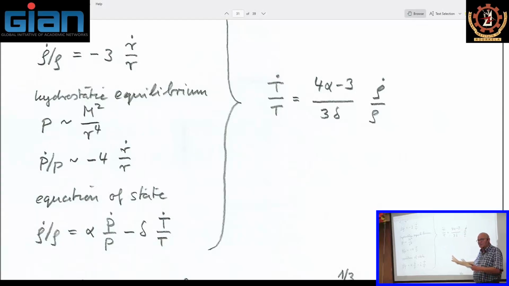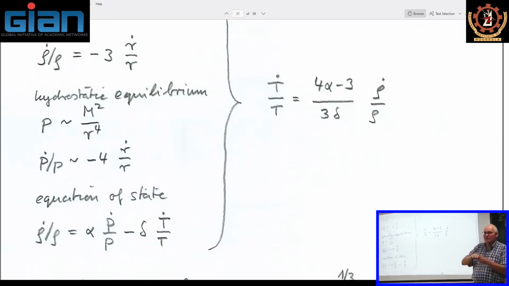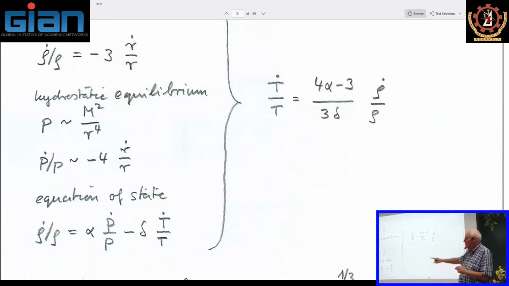Usually we have an increase of temperature with density, but this may change the sign once alpha is 3/4, and we have seen alpha changes from 1 to 3/5, so it passes the position 3/4, so it becomes smaller, and this leads to the fact that T dot over T becomes negative, so that the temperature decreases with increasing density. This means we have a maximum temperature once we have a transition from ideal gas to a degenerate electron gas.